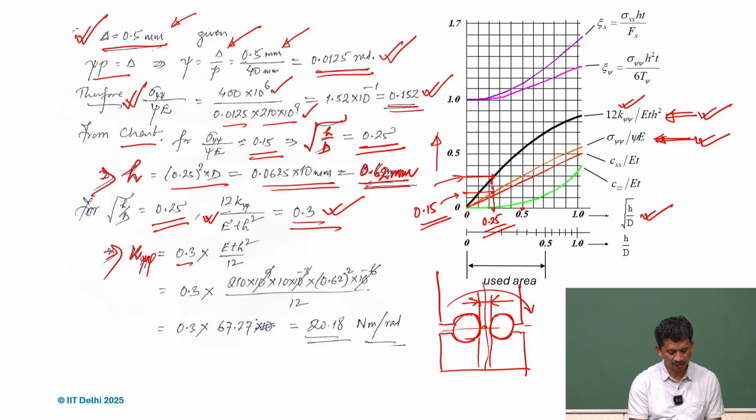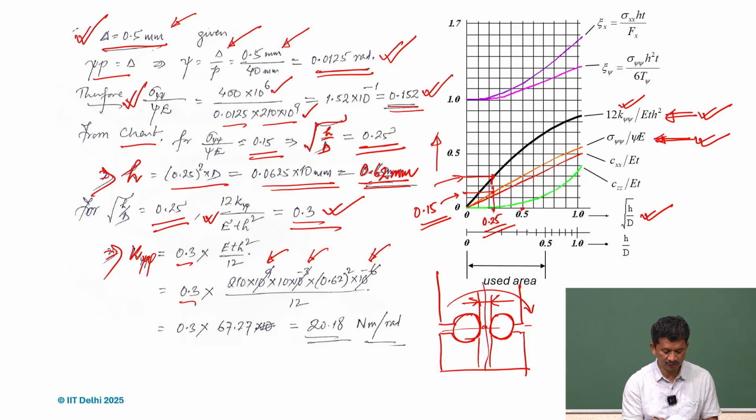So we can put the values. Again, be aware of these numbers, it's always better to use SI units. So for instance, E is 210 times 10 to the power 9. T is in millimeter, so 10 millimeter, or 10 to the power minus 3.